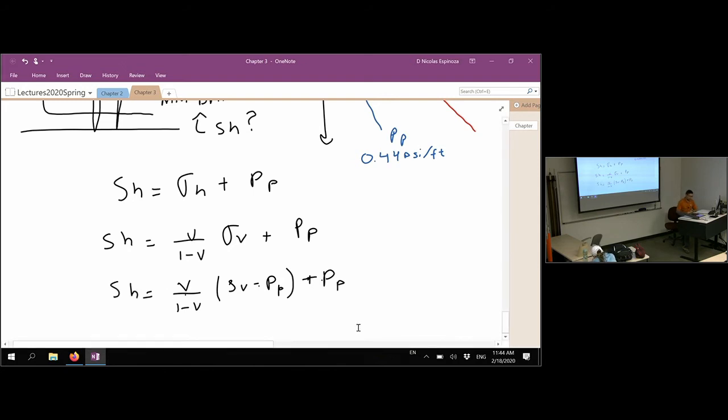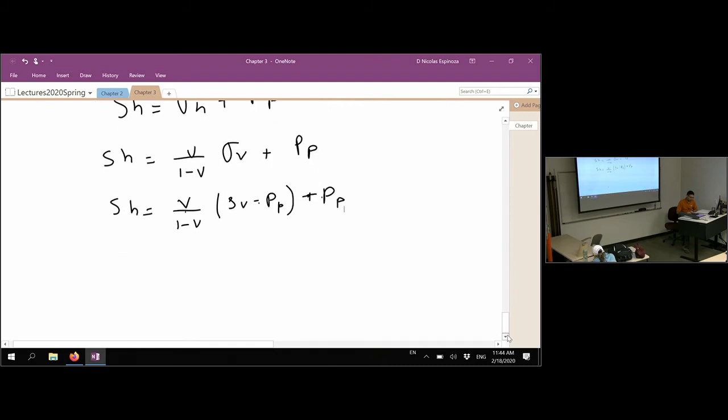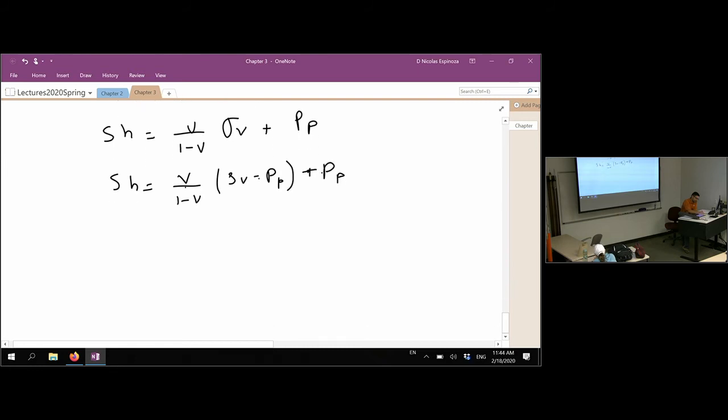And therefore, now if I put the terms together, I'm just going to put the vertical stress with the vertical stress by itself, and the pore pressure with the pore pressure. This is going to be 1 minus, let me try to do the math.